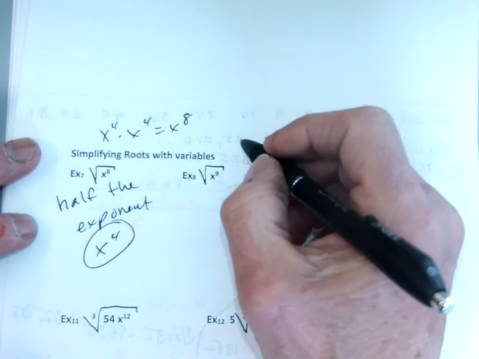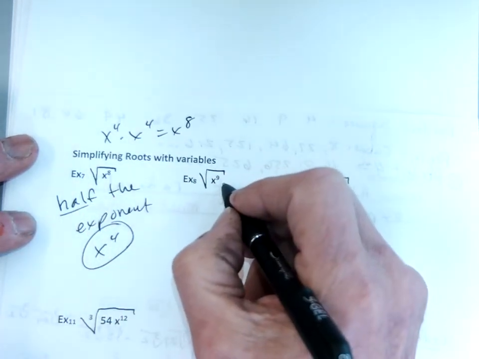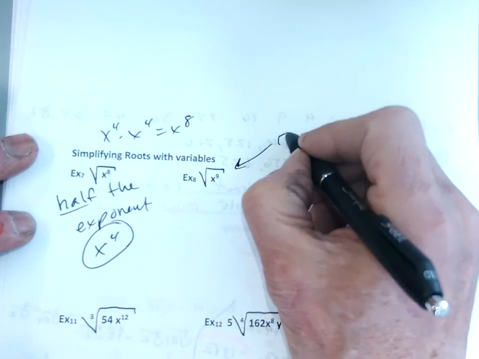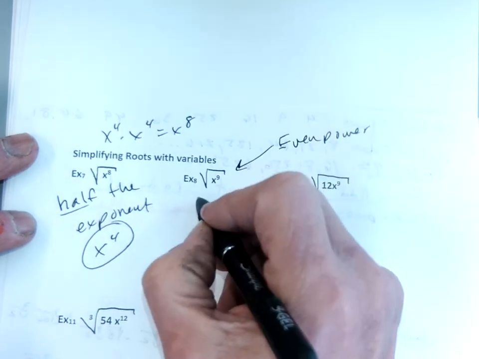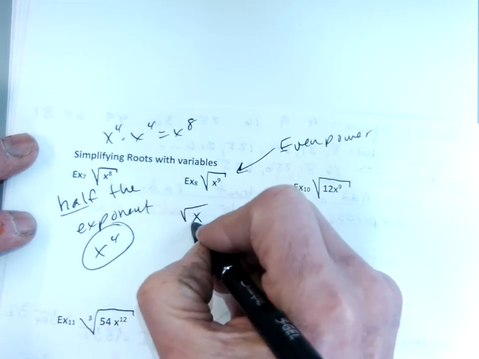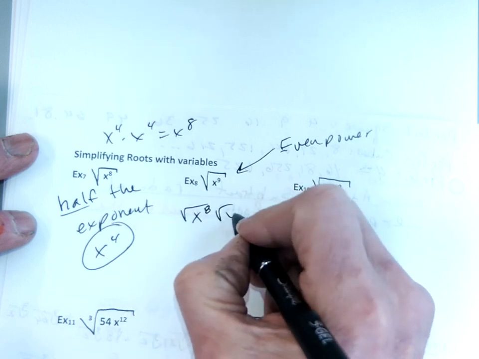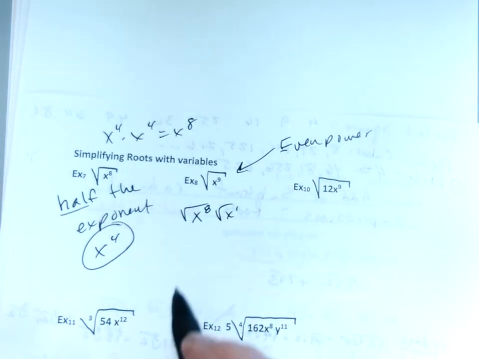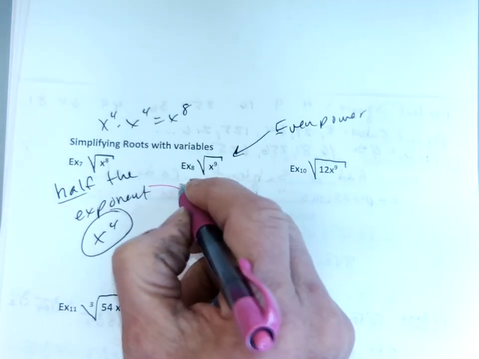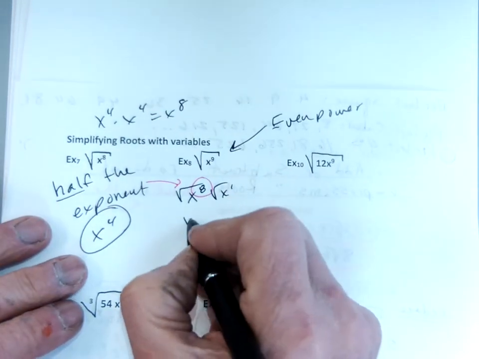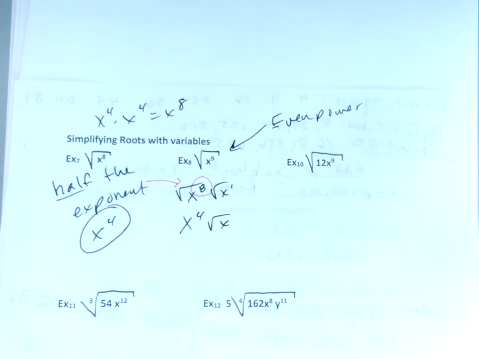Now if I want to take half the exponent, I need to make this an even power. So I rewrite this as x to the 8th times x to the 1, because I can take half the exponent. So I'll get an x to the 4th square root of x.